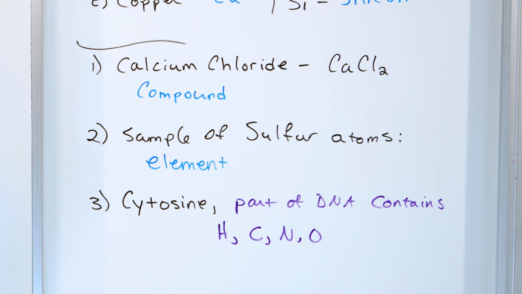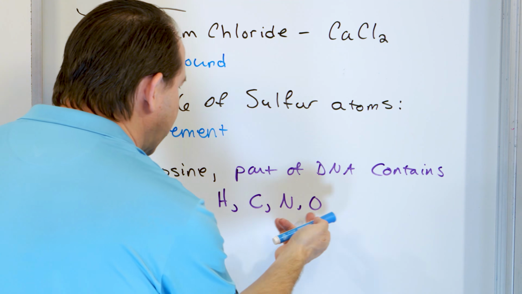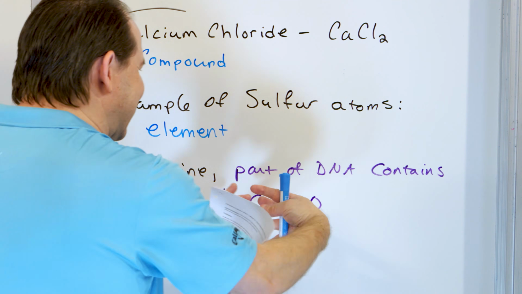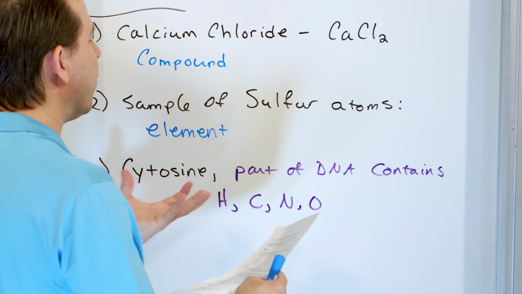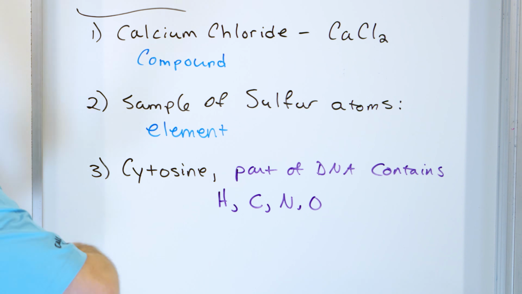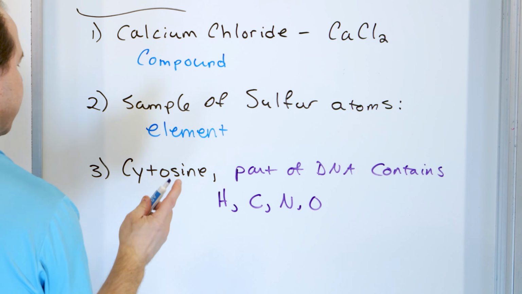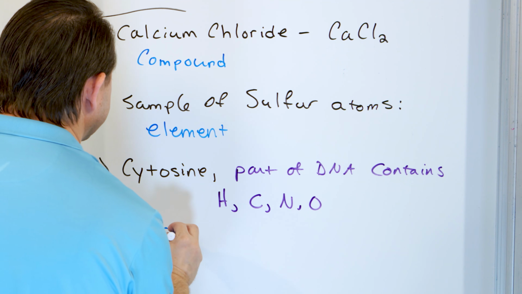So is that an element? No, it can't be an element because these are all individual elements, and we're telling you that they're connected together. It's not the entire DNA strand or anything, but it forms part of a base of DNA, and it's made up of these multiple different elements. So this has to be a compound.